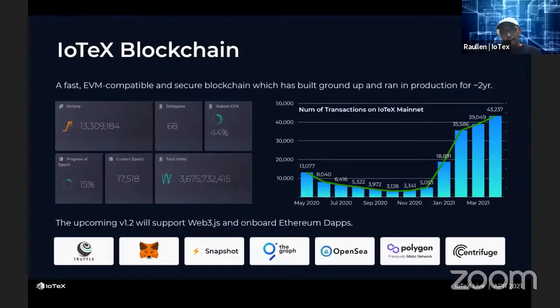I think we are on the verge of getting hockey-stick growth very soon. The upcoming 1.2 mainnet release will also be compatible with Web3.js, and we are onboarding different dApps from the Ethereum ecosystem like Truffle, MetaMask, Snapshot, the Graph, OpenSea, and Polygon and Centrifuge, of course. Next slide, please.